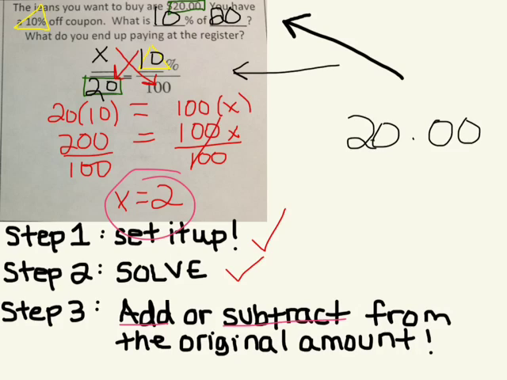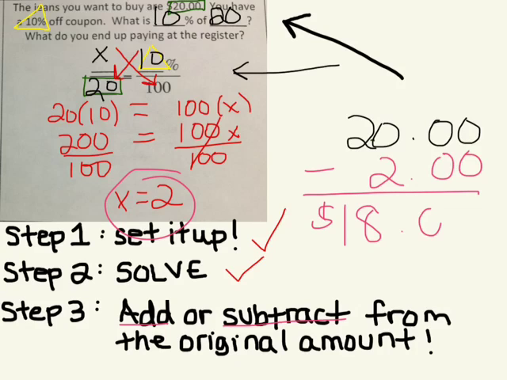Well, if it's a discount, you have a coupon, you would subtract. Good, so we're going to subtract our $2 from our $20, which is going to leave us with a total of $18, and that would be our answer.